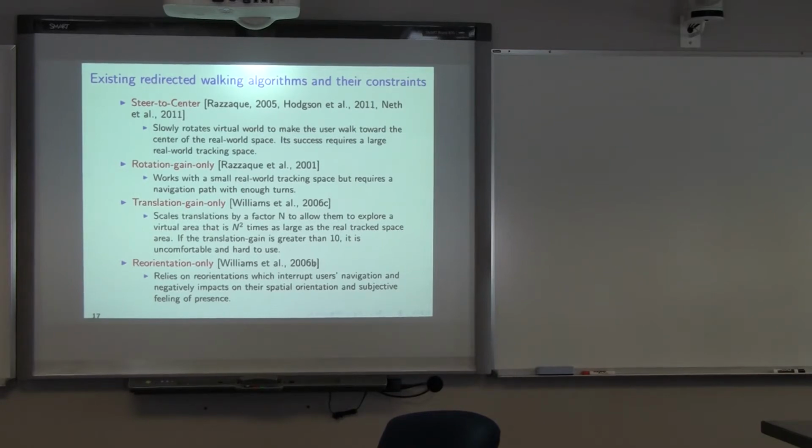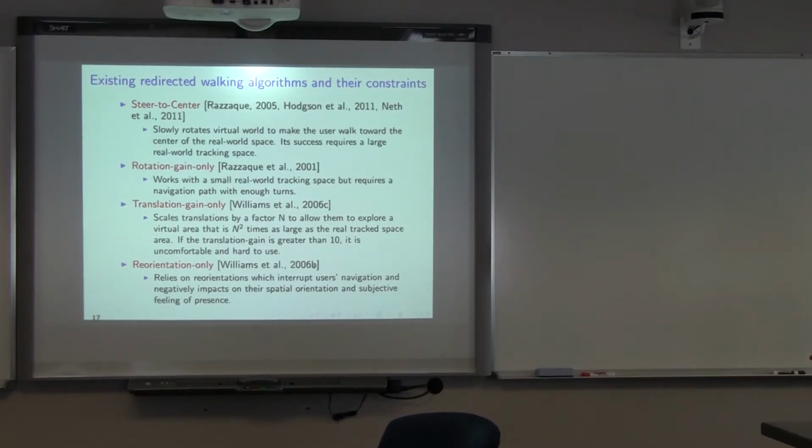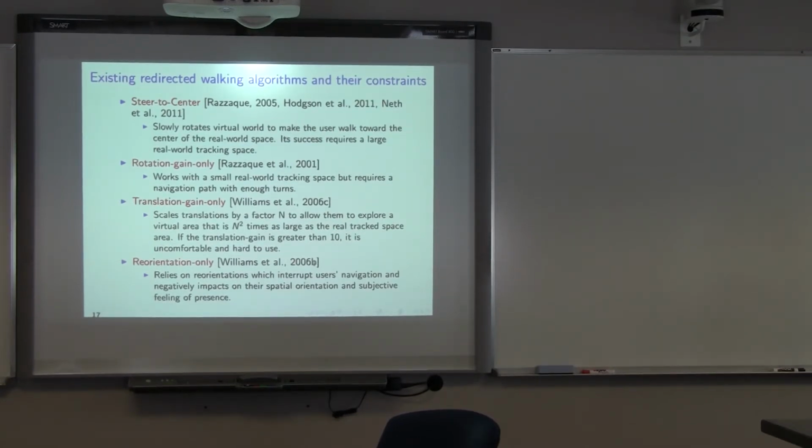The rotation gain only approach uses rotation gains. It inserts rotation gains into the virtual world when the user is walking a zigzag path in the virtual world. So it can make a user walk through a large virtual space while they stay in the real world space.